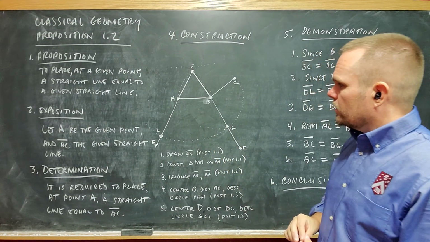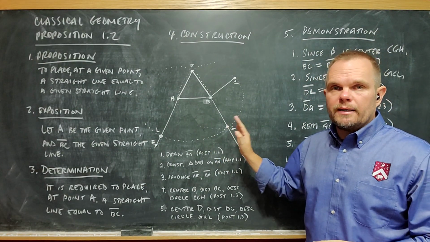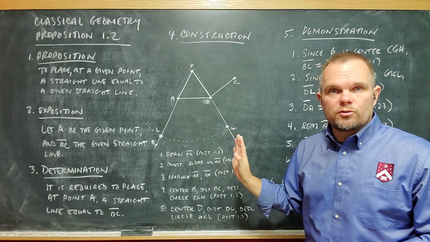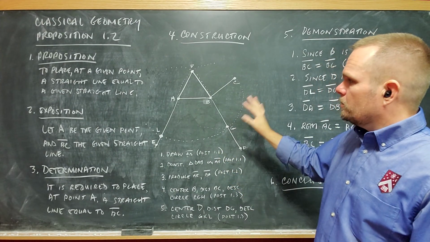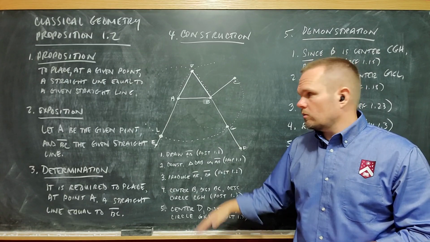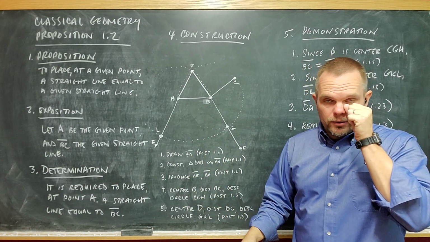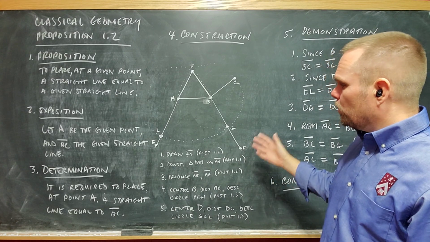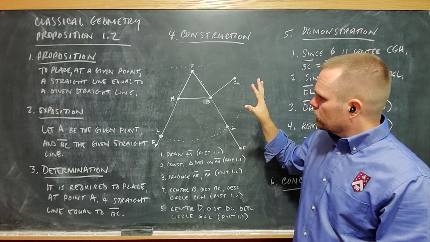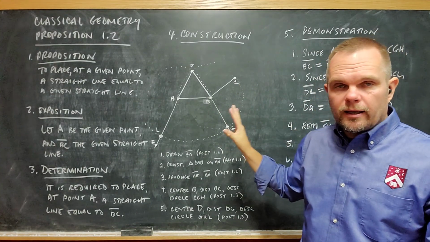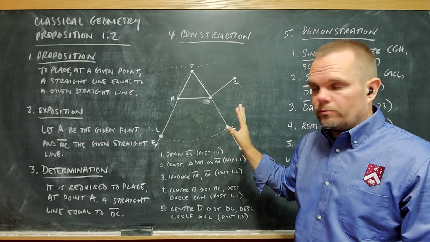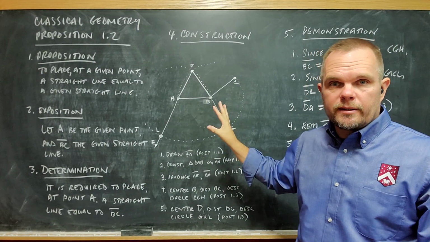And so we're not allowed to make any conclusions based on how this drawing appears, because the appearances are not true. What's true about this drawing is what we've said in the actual steps of our construction, or in the definitions, or in other points that we've made as we've formed this diagram. But we're not allowed to make any conclusions based on what things look like in the diagram.